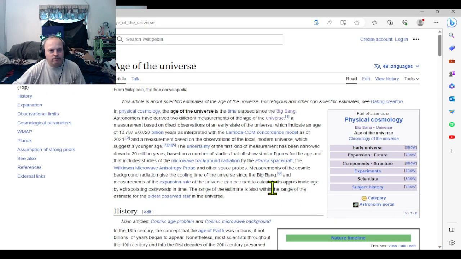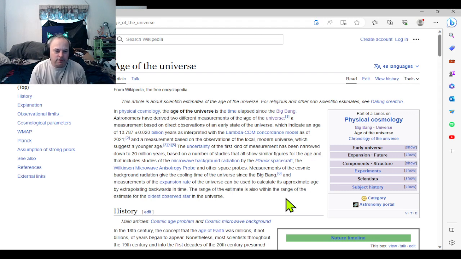So, the age is a time elapsed since what they call the Big Bang. It's right in two different measurements of the age of the universe, earliest age, which indicate an age of 13.7 billion years. Somebody called the Lambda CDM Concordance model, and a remeasurement based on observation of the local modern universe, which is suggesting a younger age.